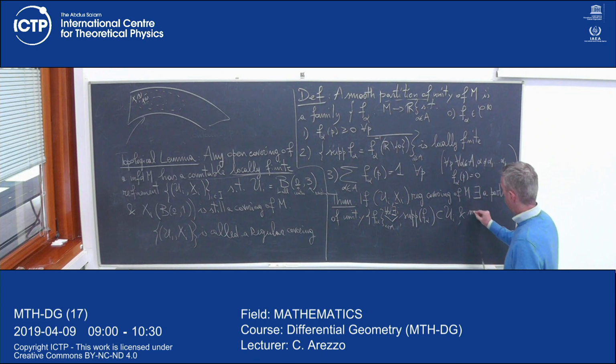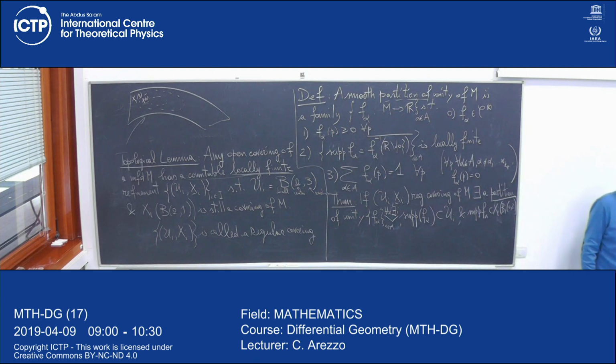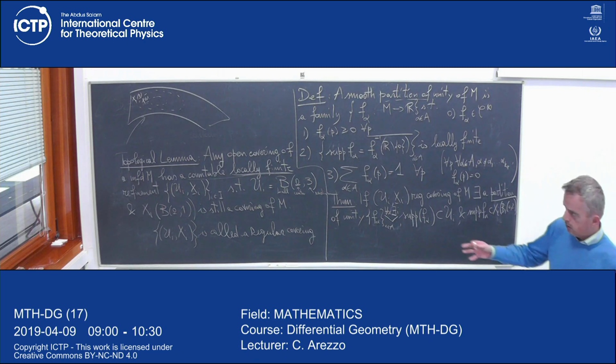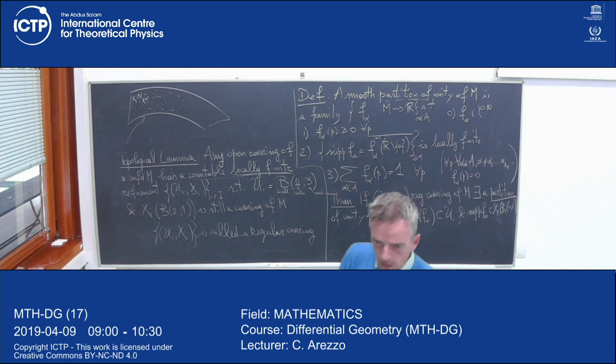The support of F alpha is contained in the closure, in xi of the ball of radius 2. It has to be there, no? It's contained in the image of the ball of radius 3, so I can even prescribe it to be inside the closure of radius 2.